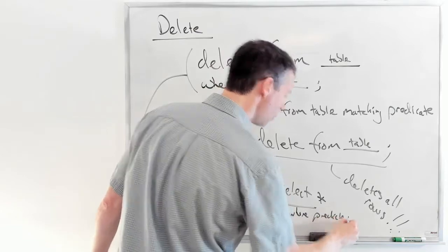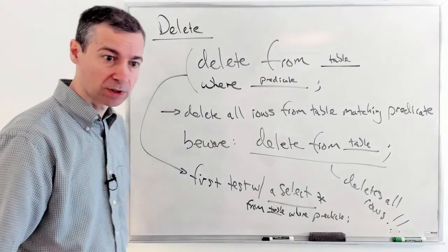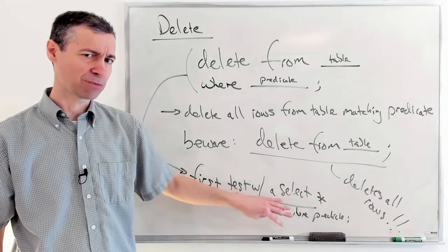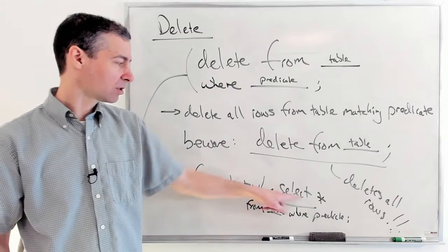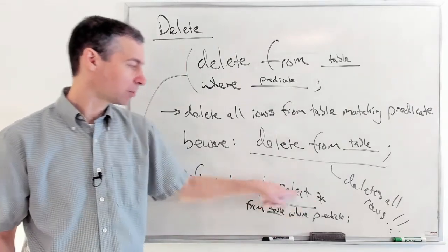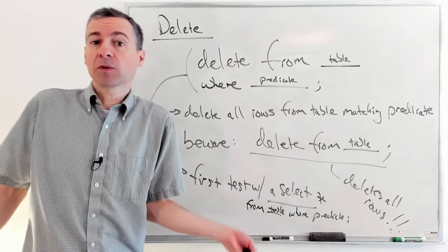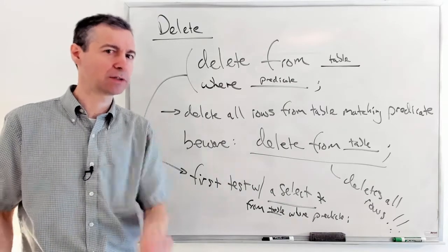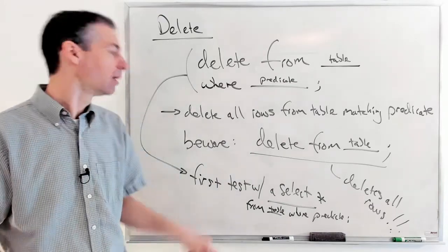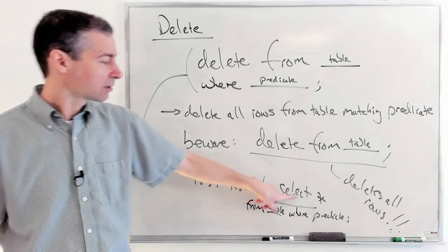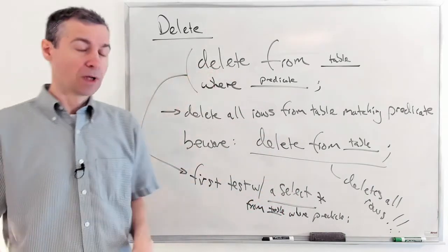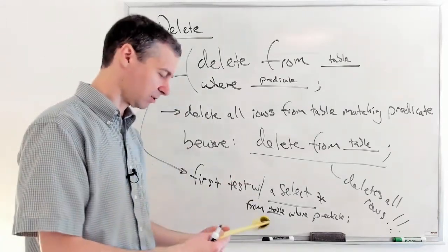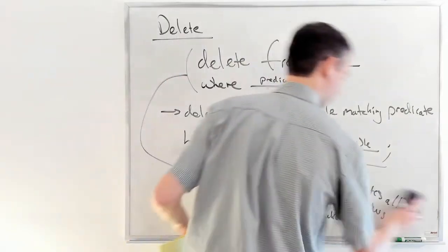You, as the power user, want to see what it is that you're about to delete. Is that really what I wanted to delete? So you can take the same from where predicate, put a select star on it, and see what those rows are. And you're like, yeah, those are the ones I wanted to delete. I'm going to do this right. And then you replace the select star with your delete, and you hit enter. And you just say your prayers and you move on.